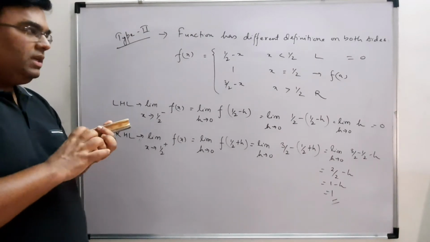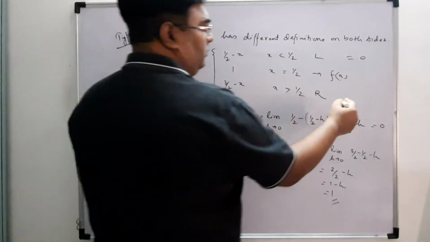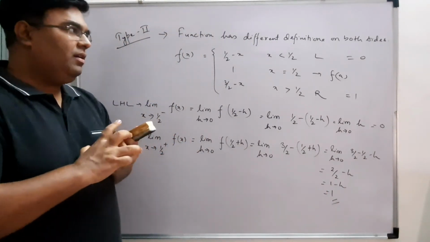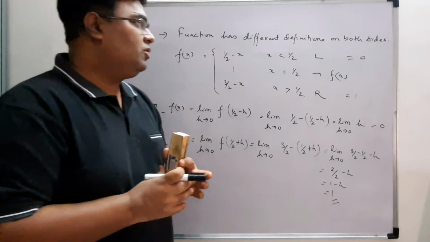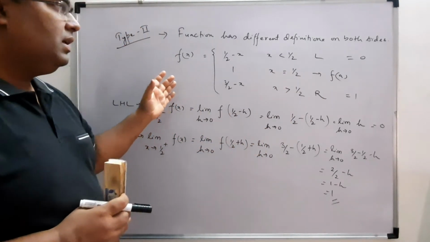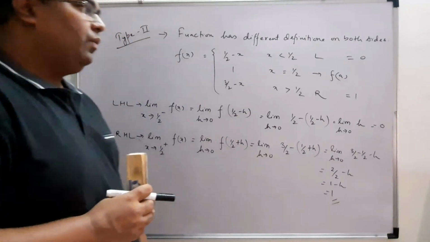So your RHL is 1, right? So your RHL is equal to f(a), but your LHL is not equal to your f(a), hence it is not continuous at x is equal to 1 by 2.